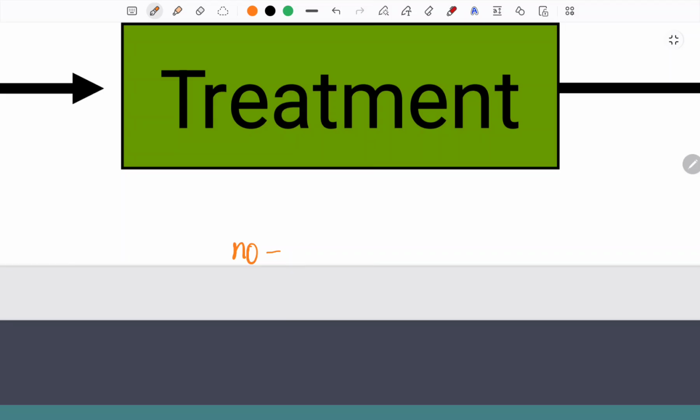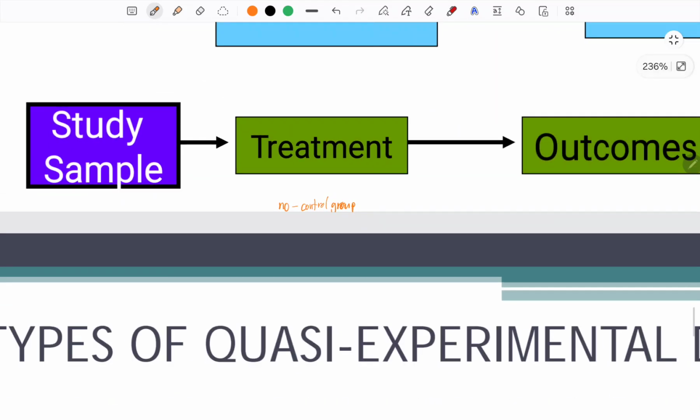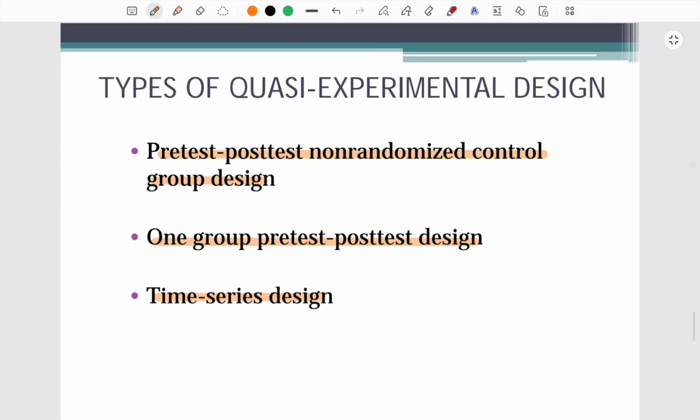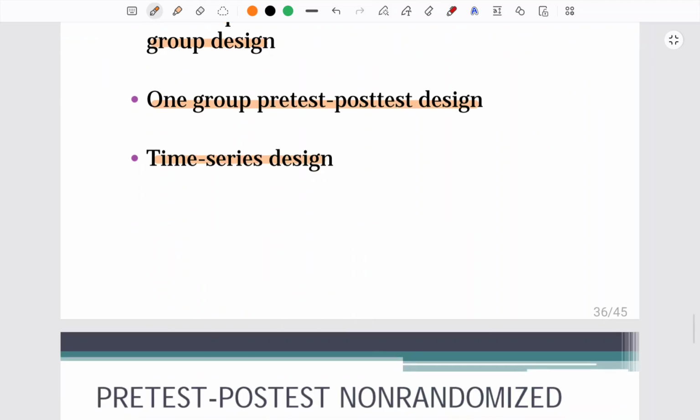Here are some common designs for the quasi-experimental design that are commonly found in our field. The first one is the pre-test, post-test, non-randomized control group design. The second is the one group pre-test, post-test design, and the last is the time series design. Let's take a look.